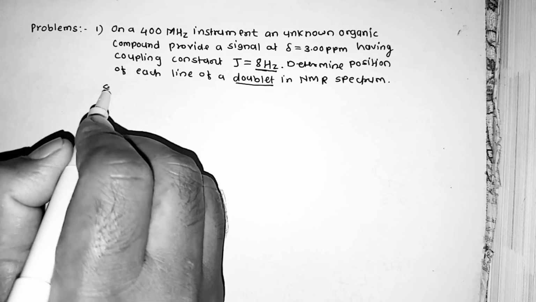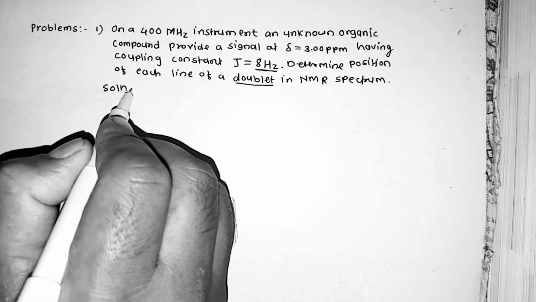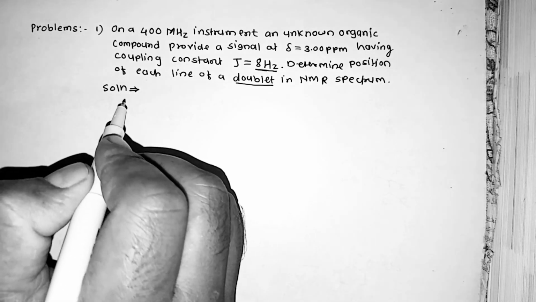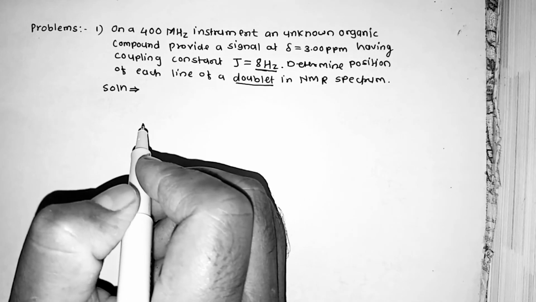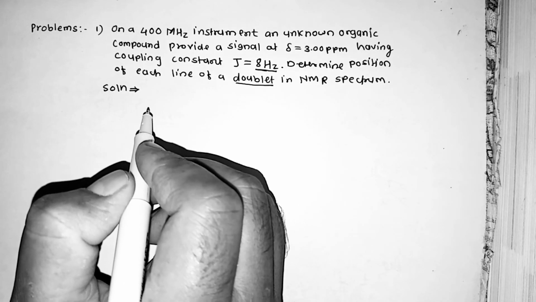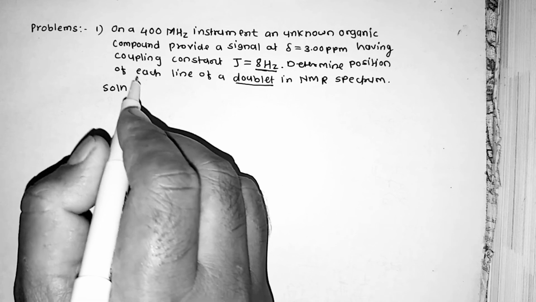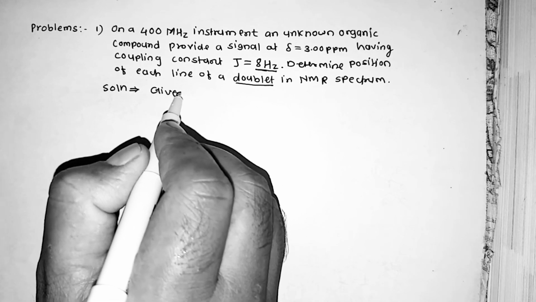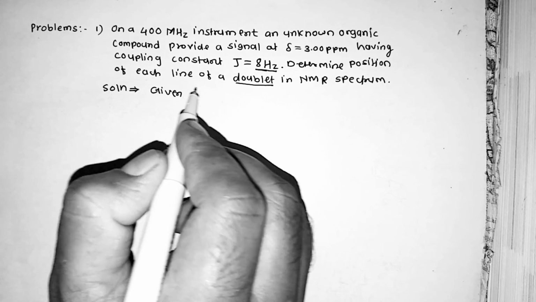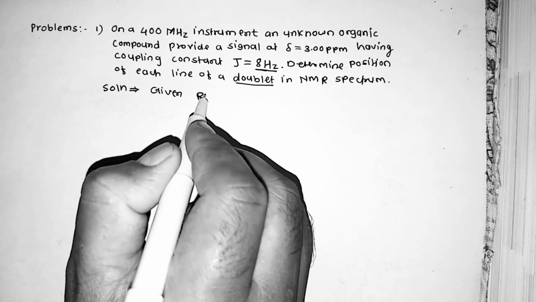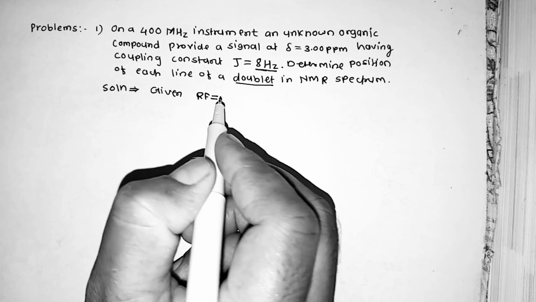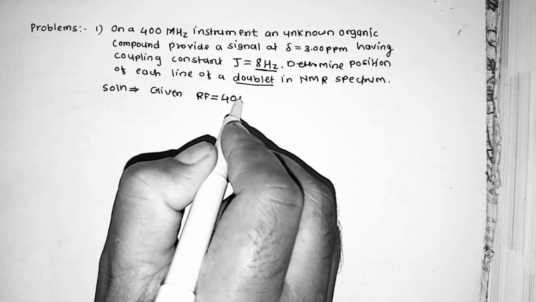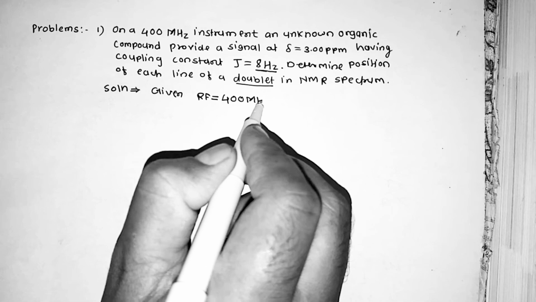So, initially this problem looks very hard, but it is very simple if you know the basic things. So here the frequency of the NMR spectrometer is given, that is 400 megahertz.